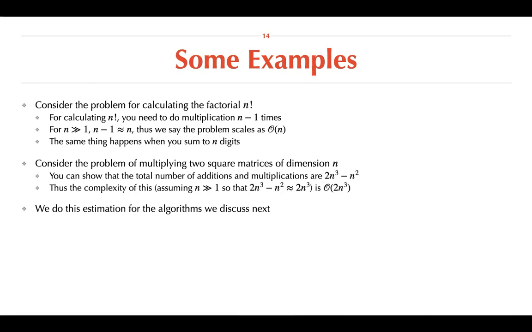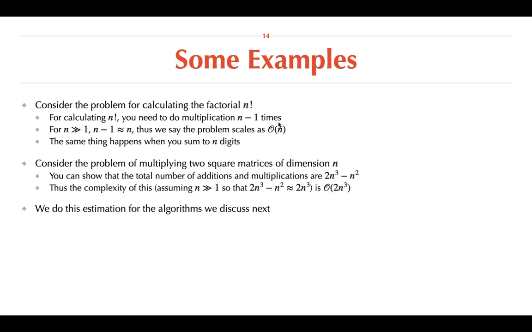So you have to perform 2 multiplications: first you multiply 1 by 2, and then you multiply the result with 3. Thus, for the n factorial case, you have to do multiplication n minus 1 number of times. When n is very large, n minus 1 is approximately equal to n. So you say that the problem scales as O(n). Is this okay?